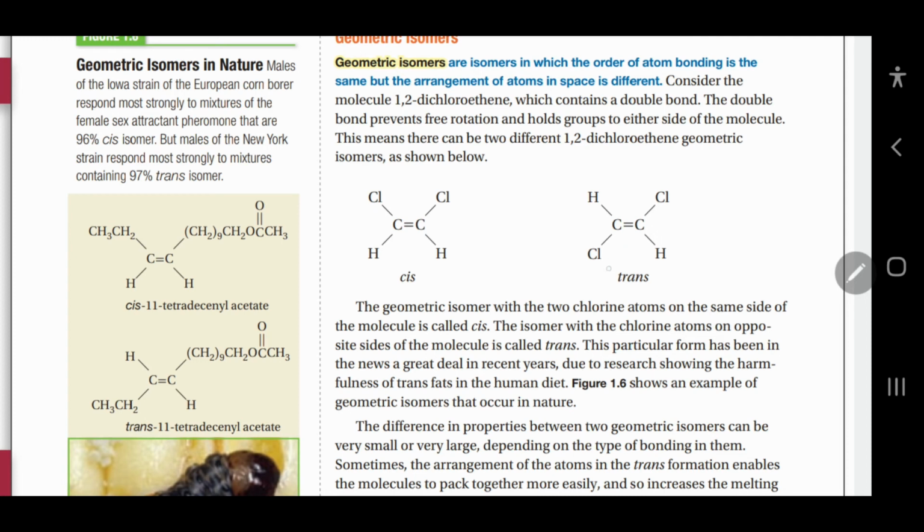But here, the 2 chlorine atoms are located at different levels in space. So this is trans. This one is called cis-1,2-dichloroethene, and this one is called trans-1,2-dichloroethene.